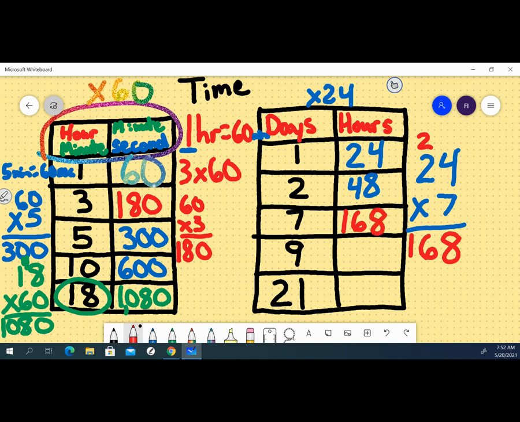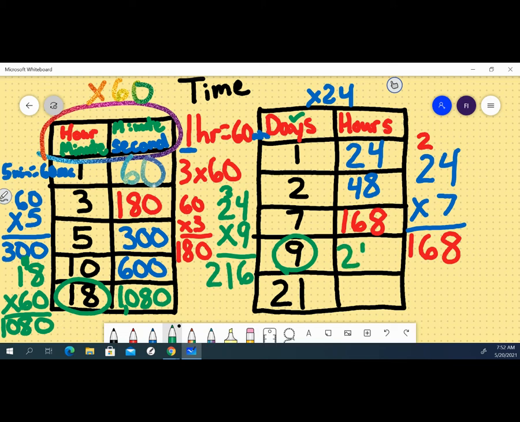And then 9 days would be those two things combined. Or I can show you that over here. Let me switch color. I'm going to take the number that's here, which is 9, that's days, and multiply it by the rule that I use to switch from days to hours. 9 times 4 is 36. 9 times 2 is 18, plus the 3 we carried is 21.